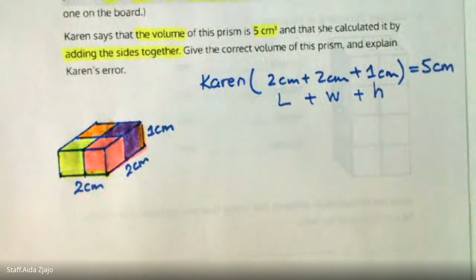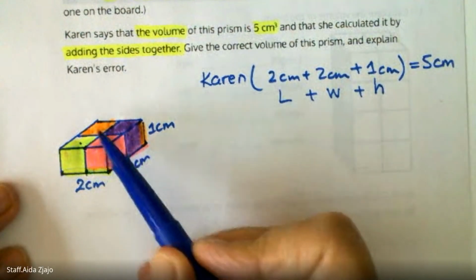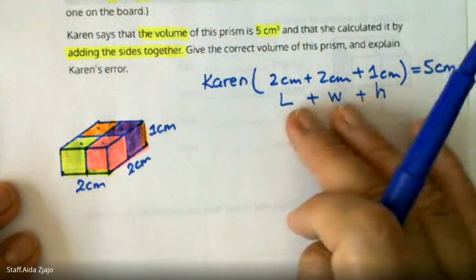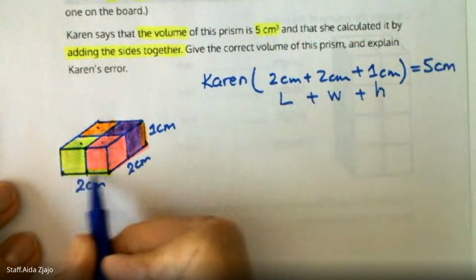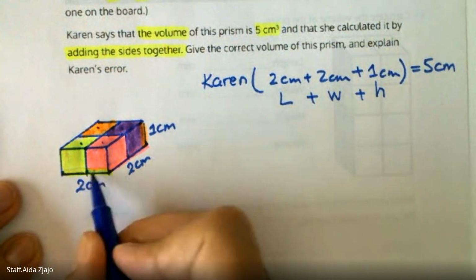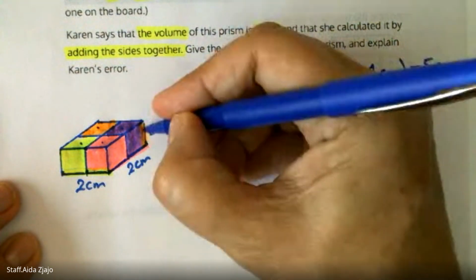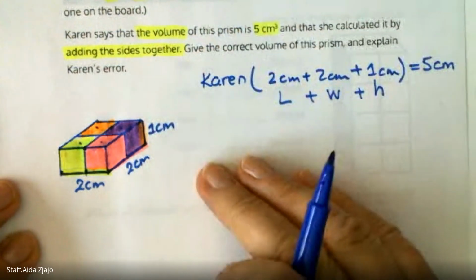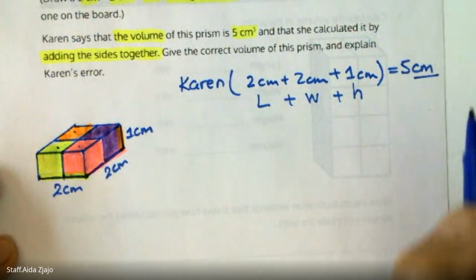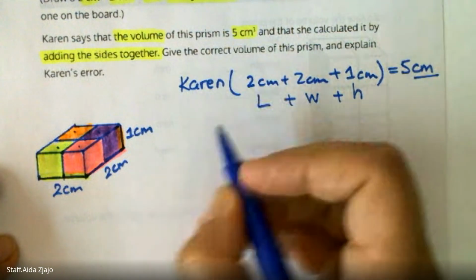So the volume is really 1, 2, 3, 4 cubes. While if she thinks about adding just the lines, this line 1, 2, 3, 4, and 5 for height, the answer would be one dimension. It's a length in centimeters.